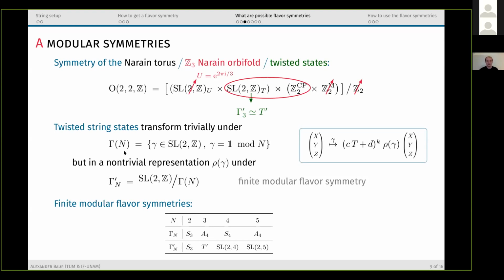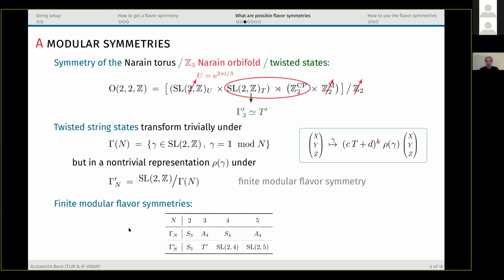So for different n's here, we can have n = 2, 3, 4, 5, and of course this goes on. We have the quotient groups, the primed and the not primed, so they correspond to whether you take an SL(2,Z) or a PSL(2,Z). So for the unprimed, you would take a PSL. And yeah, you find those symmetry groups like S3, A4, S4, A5, or even T prime.